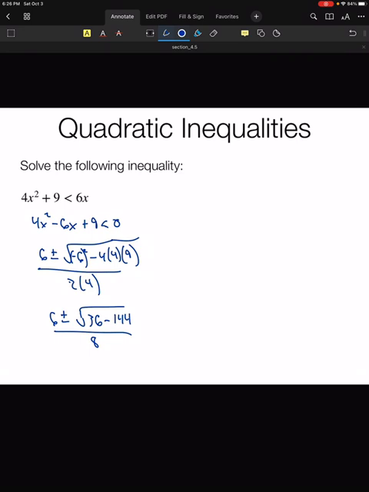Okay. 36 minus 144 is a negative number. So 6 plus or minus, let's see, it's negative 112, I believe. Sorry, negative 108. Negative 108 divided by 8.